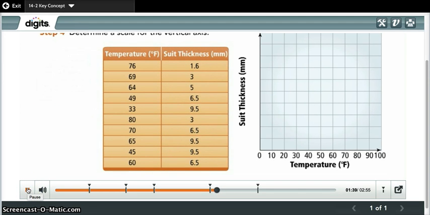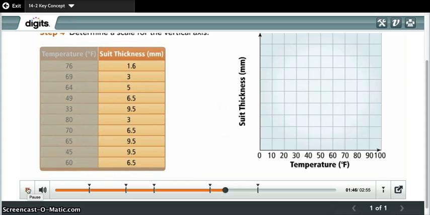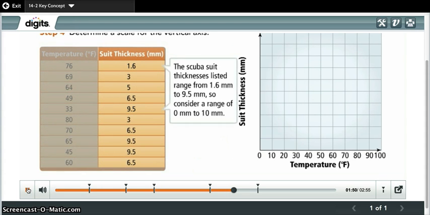Step 4. Determine a scale for the vertical axis. The scuba suit thicknesses listed range from 1 6/10 millimeters to 9 5/10 millimeters, so consider a range of 0 millimeters to 10 millimeters. Use an increment of 1 millimeter.